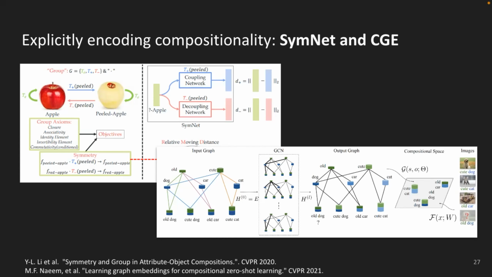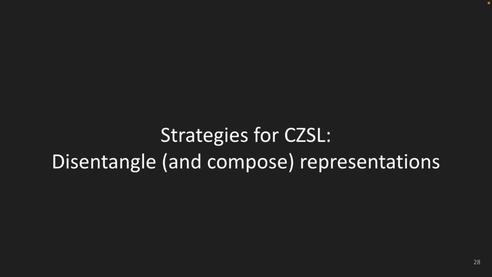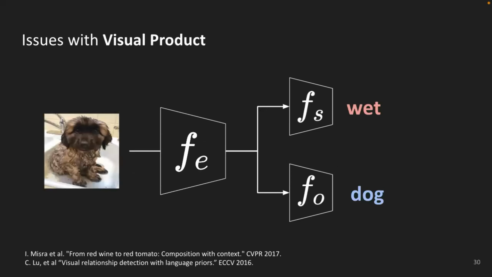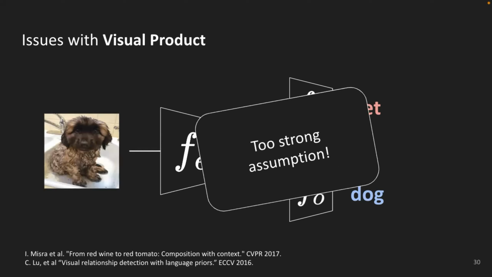Okay, so to conclude this part, I want to talk also about another line of work, that is to disentangle and compose representations. And so actually the key idea here is, again, on working on top of visual product. And we said that one issue of visual product was that it had a very strong assumption, right?